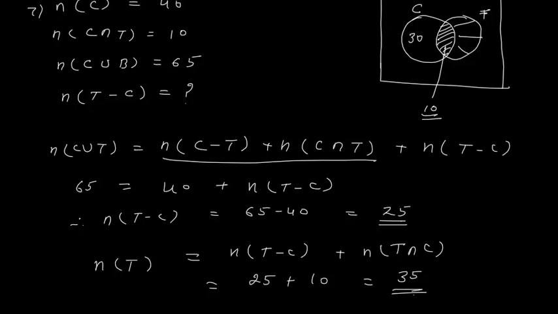In another way also we can solve. First we will find n of T by using the formula n of C union B is equal to n of C plus n of B minus n of C intersection B. By that we can find the value of n of T, and then we will subtract the common part and we will get the number of people who play only tennis.